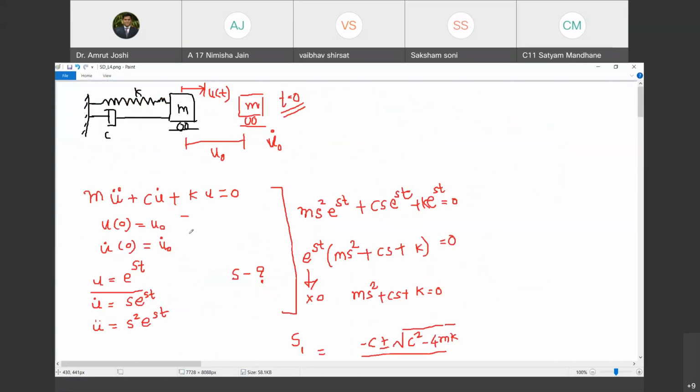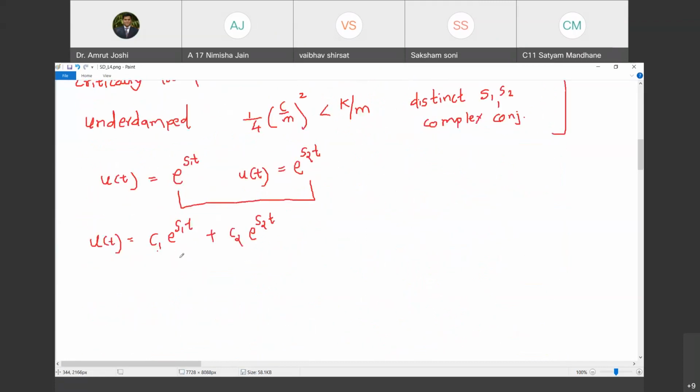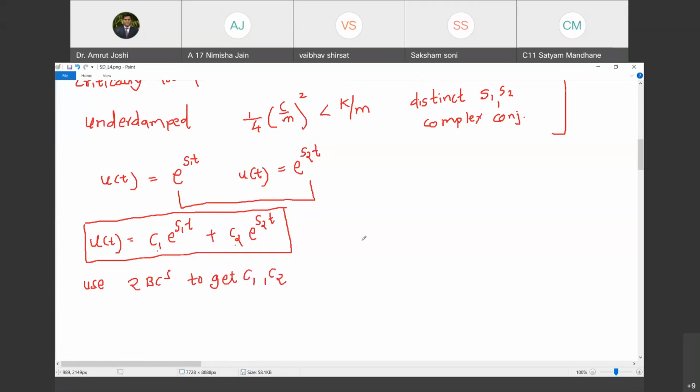Do you agree with me? These are the two boundary conditions that we are going to use to evaluate the values of C1 and C2. Happy? Yes, sir. So I will write: use two boundary conditions to get values of C1 and C2. That's how you are going to have the solution of this system.